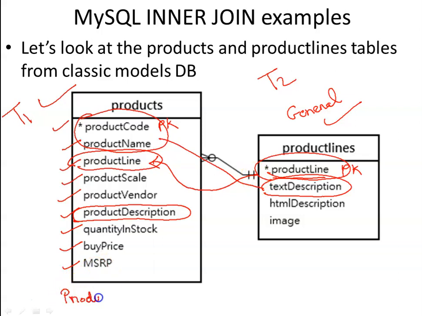Products, that is this particular table. From this table I am picking up the attribute product line, and from the second table, that is product lines, I am picking up the attribute product line.